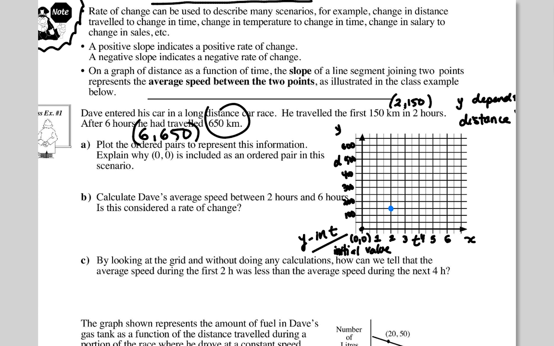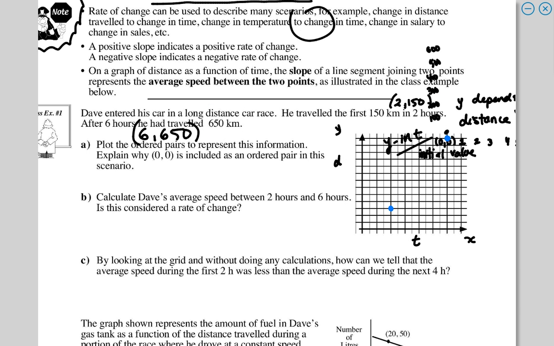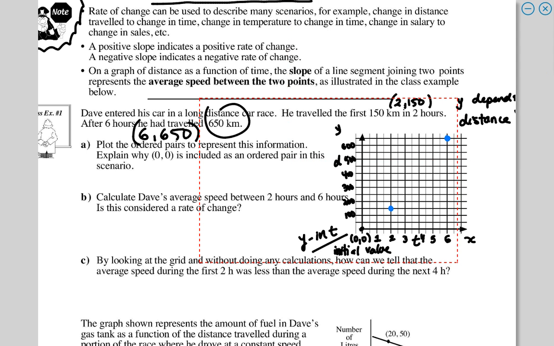So got to find 6 way over here. Then you got to go up to 650 way at the top. Take out your favorite straight edge tool, and you connect.